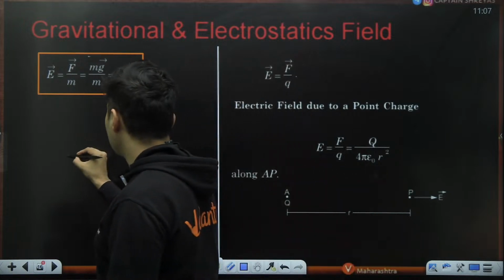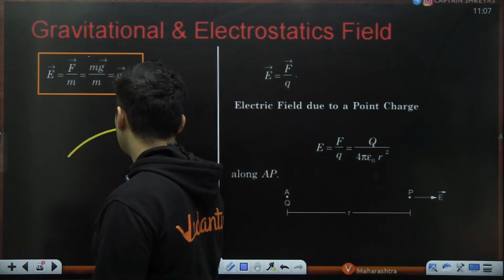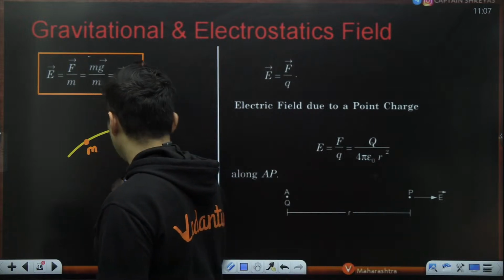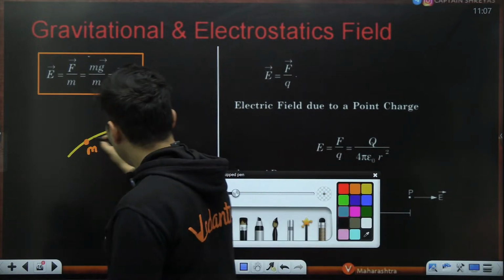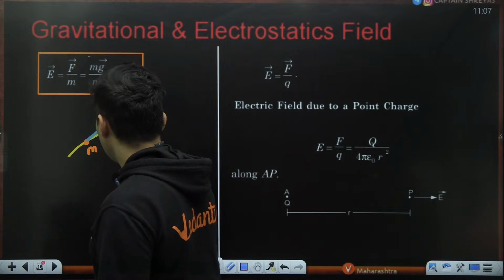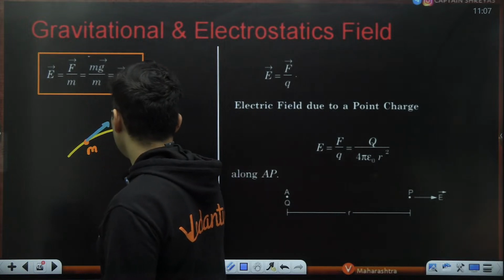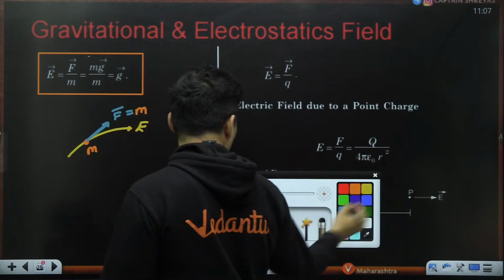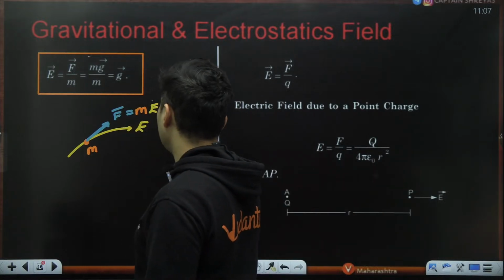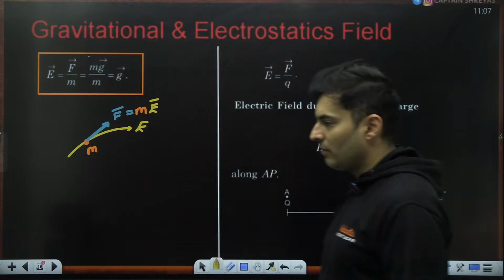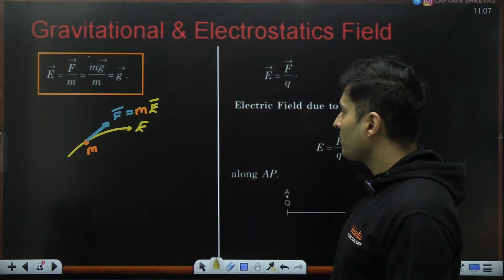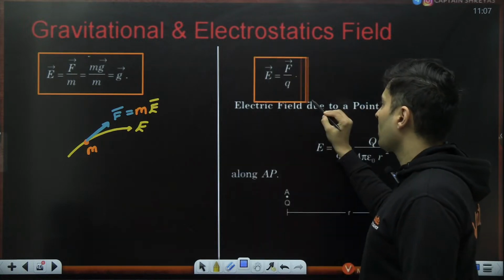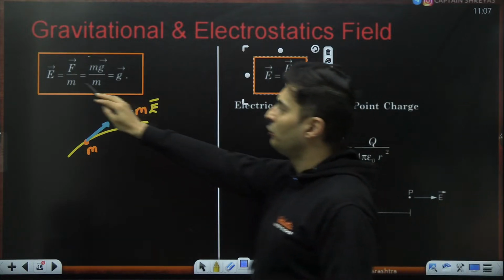So it is the force acting per unit mass, and also you can say vice versa. If there is a gravitational field and in that you place a mass over here, then that mass will experience a force, and that force will be given by the mass into the value of the gravitational field over there. This same thing in electrostatics is force per unit charge instead of force per unit mass.